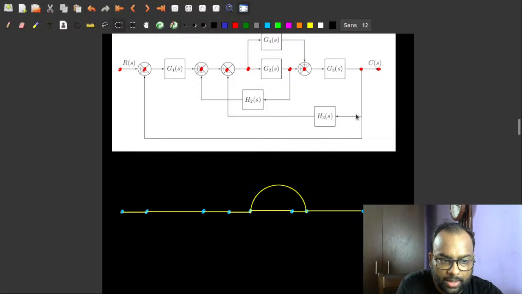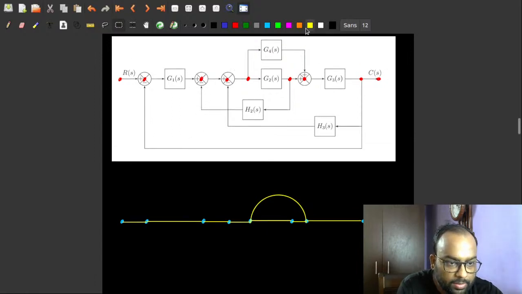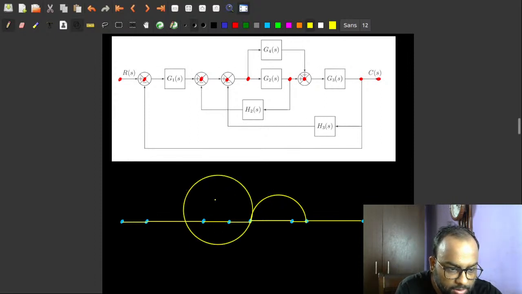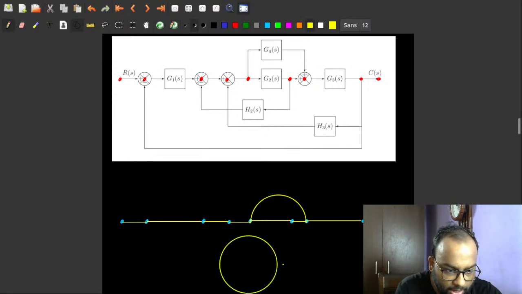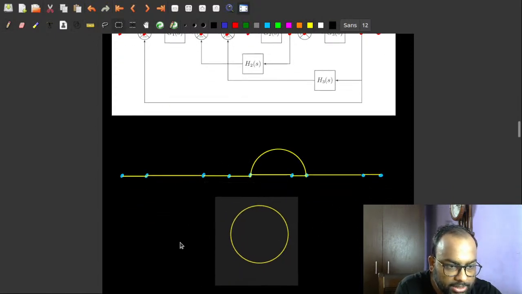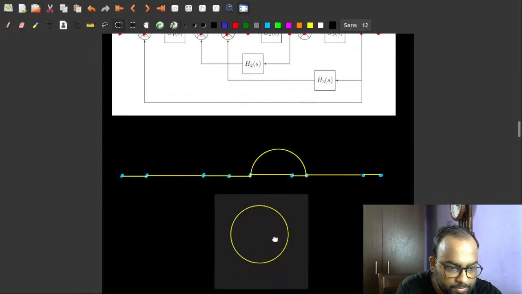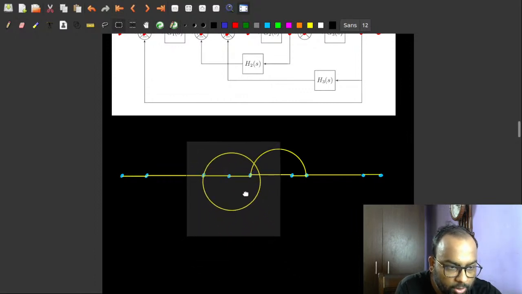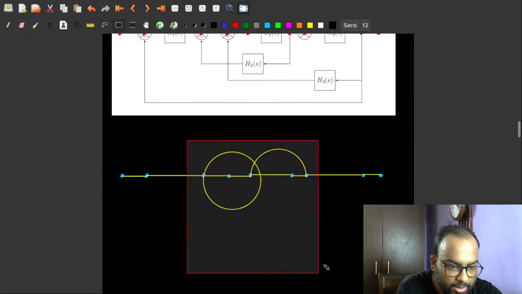Okay, someone is saying, what about this point? What about this point here? What about this point? I'm going to draw along all these, so don't worry. Again, there is the connection between these two. I hope I'll be drawing it correctly.